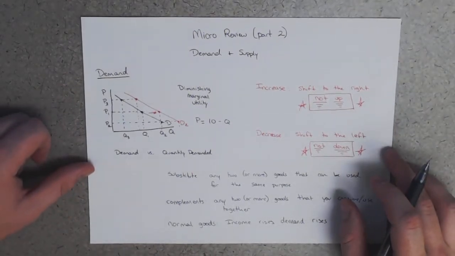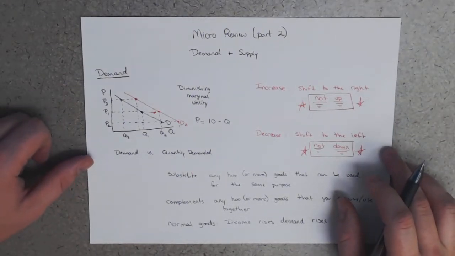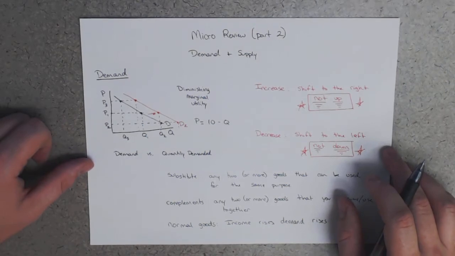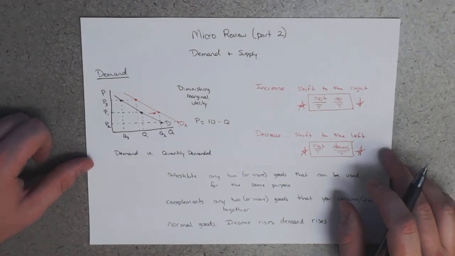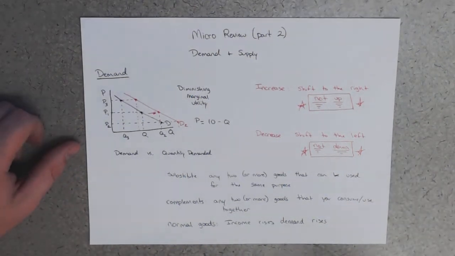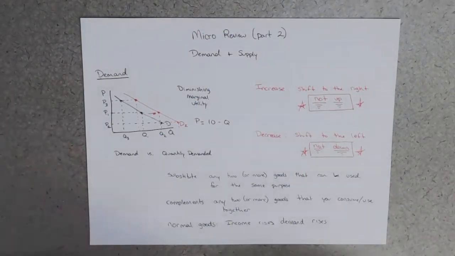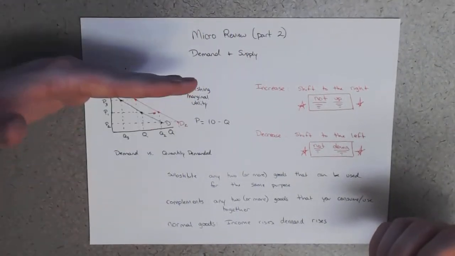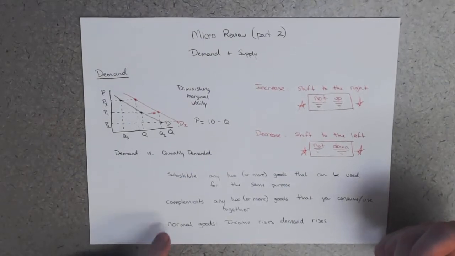Restaurants are a good example. Cars are a good example. Personal computers might be a good example, or high-end cell phones. Anything that as your income rises, you buy more of, we call a normal good.